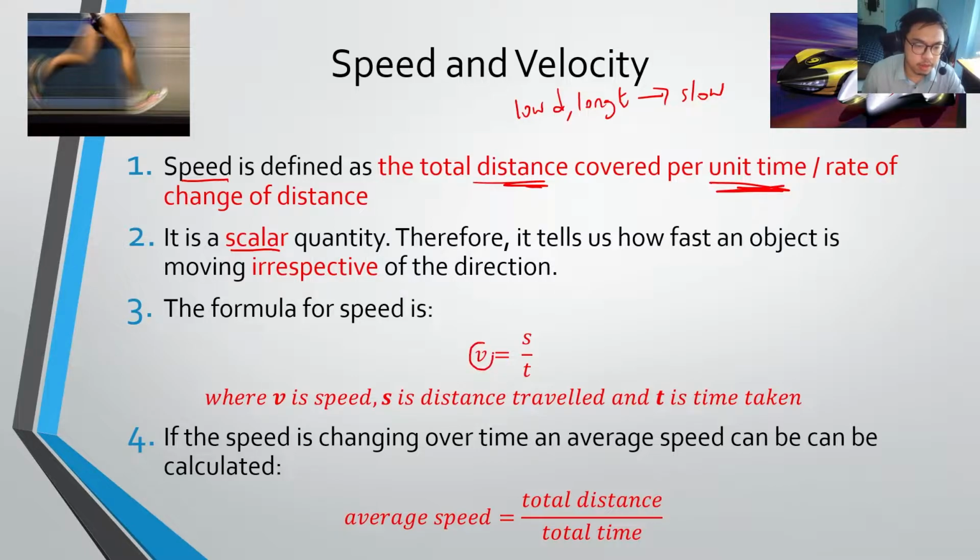Speed has the symbol v, which is equal to distance, and the symbol for distance that we use in physics is s, over time. t stands for time. Okay? When you have speed that is changing over time, so the speed is not the same over time, we use another formula to calculate the average speed, and this is basically just the same as the formula before. It is the total distance over total time.